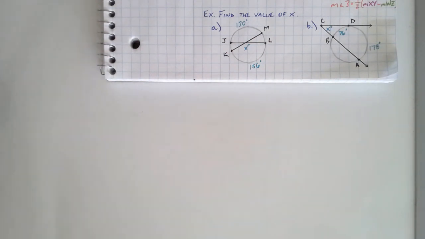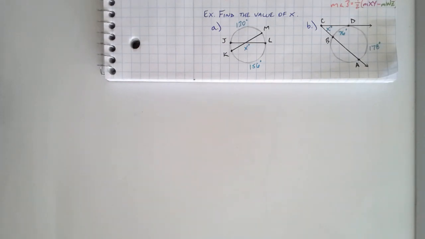And when you're asked to find the value of a measure of an angle, which we are asked to do in both of these cases, in this section particularly, really the first thing to do is identify where the angle is located. On the last problem that we did, the vertex of that angle was located on the circle itself. So that dictated which formula I had to use. Hopefully you can distinguish between these 2 examples.